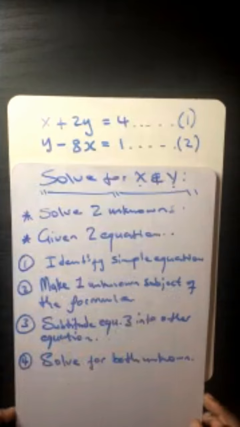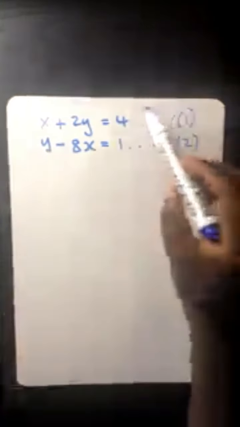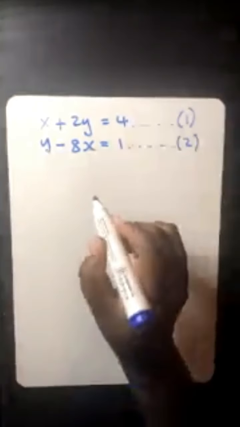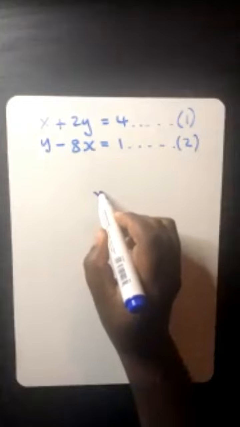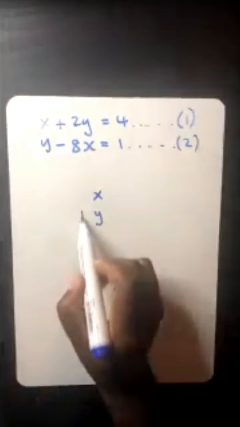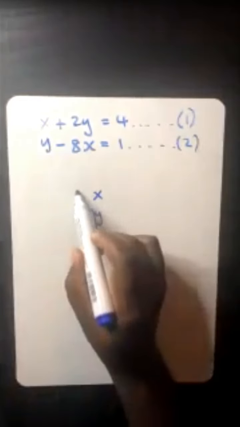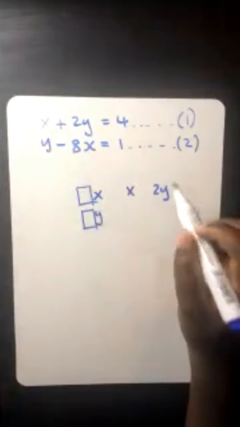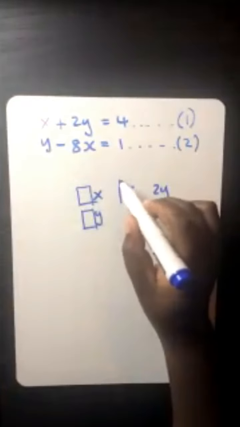Number 1 says identify the simple equation. So how do you identify a simple equation? From these two equations, you just need the equation that has an x or a y which is not attached to a number. For example, in the first equation you have x, and you also have 2y.